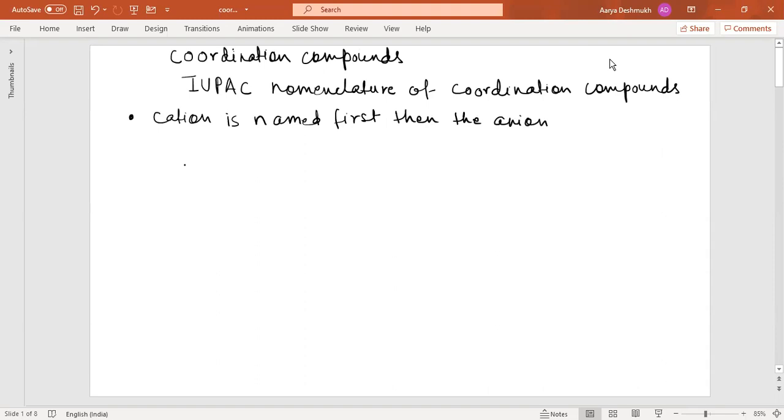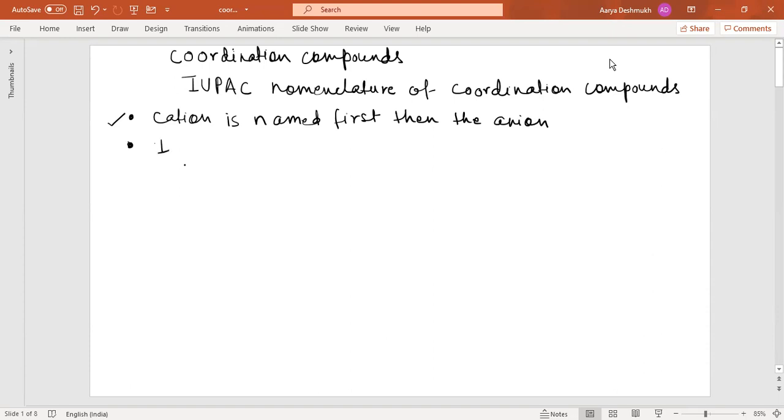I'll be telling you in points the rules for how to name a coordination compound. The first thing is that the cation should be named first and then the anion.